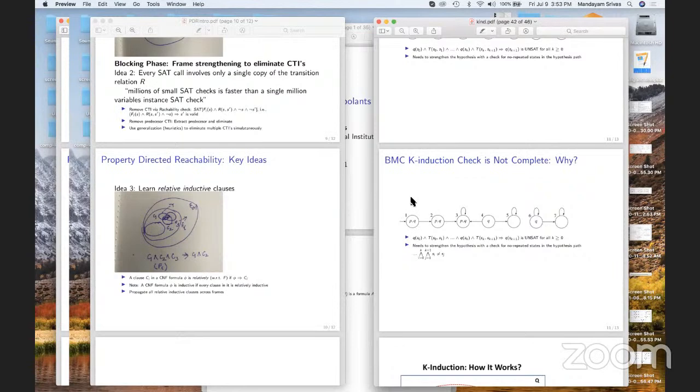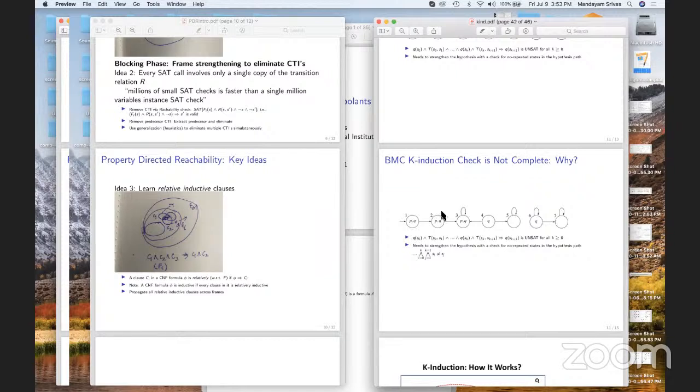And the two other inductive model checking methods that we will see, one, they look at other candidate inductive invariants.